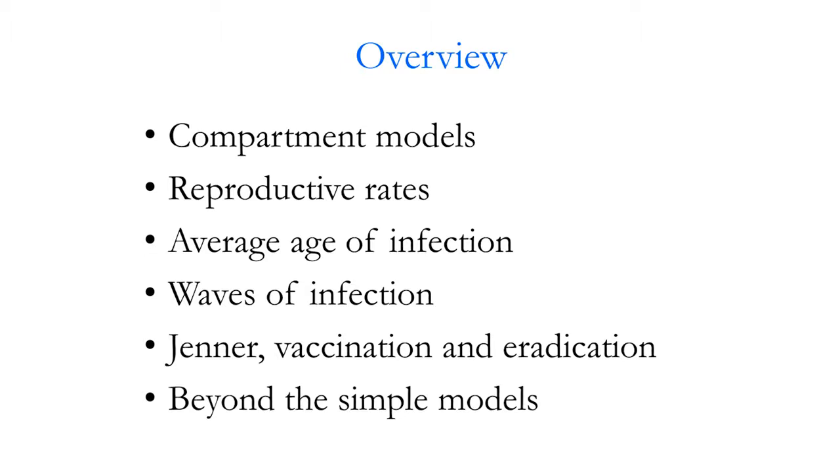One of the basic core ideas in epidemiology is that of reproductive rates, and that is needed in order to quantify the transfer from the susceptible compartment to the infected compartment. I'm going to introduce two reproductive rates, the basic reproductive rate and the effective reproductive rate. The basic reproductive rate is a very useful underlying parameter of the infection.